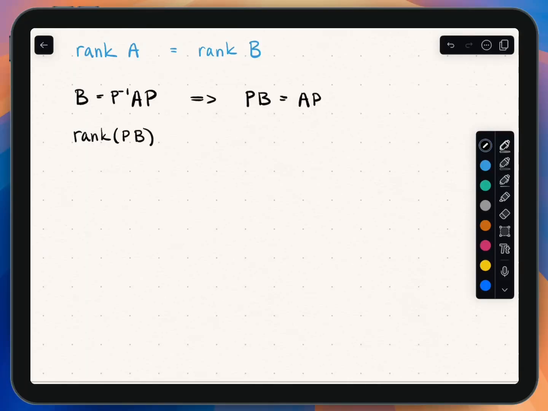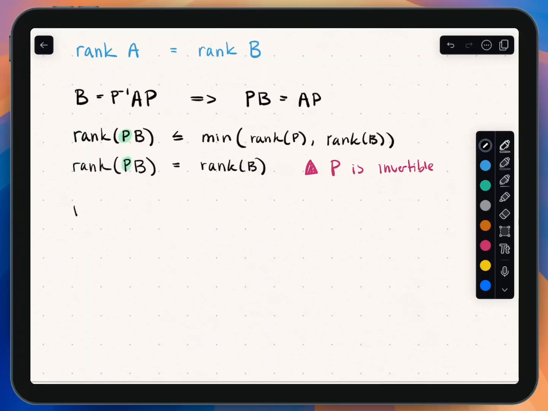Well, from what we've learned before, the rank of PB must be less than or equal to the minimum of the rank of P and the rank of B. However, we are in a pretty special spot here. Because P is invertible, we're actually not changing the output dimension of B. That means that since P is invertible, we can say that the rank of PB is equal to the rank of B.